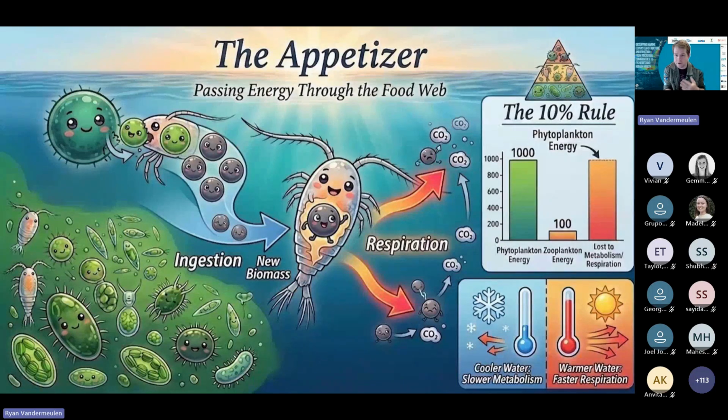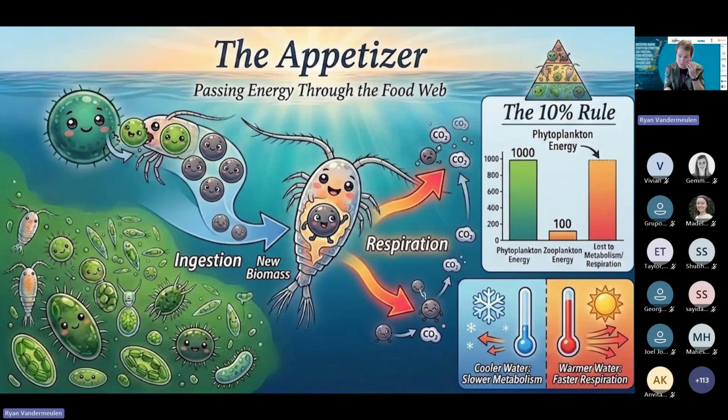While in warmer waters, metabolism generally increases, so organisms can burn through energy faster, which can increase the amount of primary production consumed simply to maintain themselves rather than being converted into new biomass. This is an important ecological concept because this means that phytoplankton abundance is not solely controlled from the bottom up.